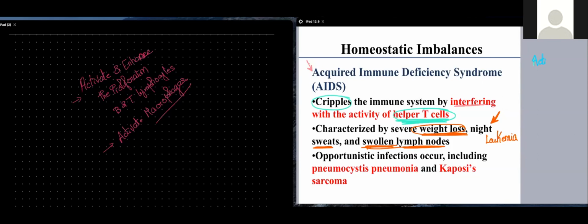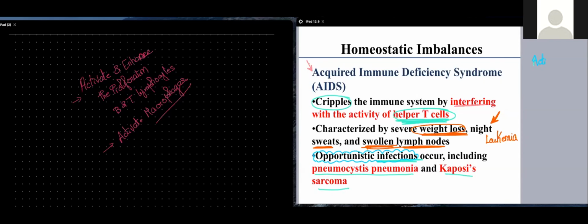The problem here is that anything can cause an infection. I have opportunistic infections that will be taking place, like in the case of pneumocystis pneumonia and Kaposi sarcoma. So what is an opportunistic infection? An opportunistic infection is simply a bacteria or a virus that takes advantage of the situation, which is reduced immune response.